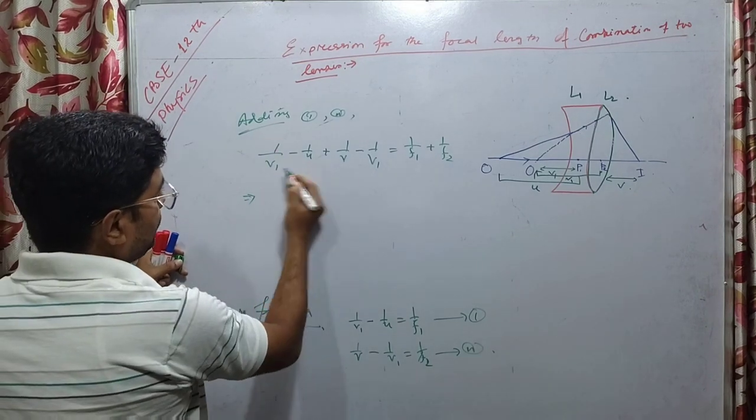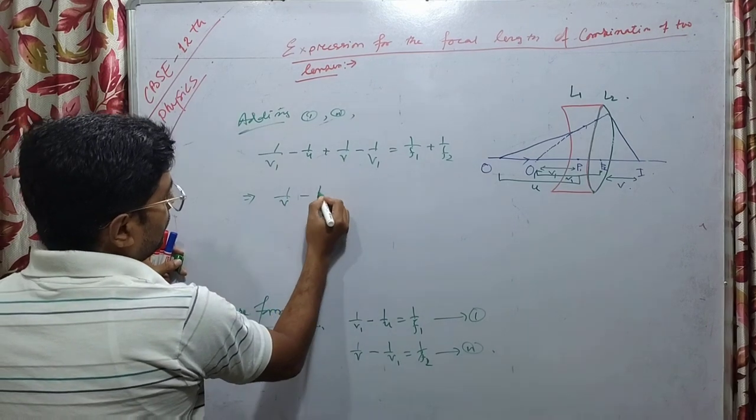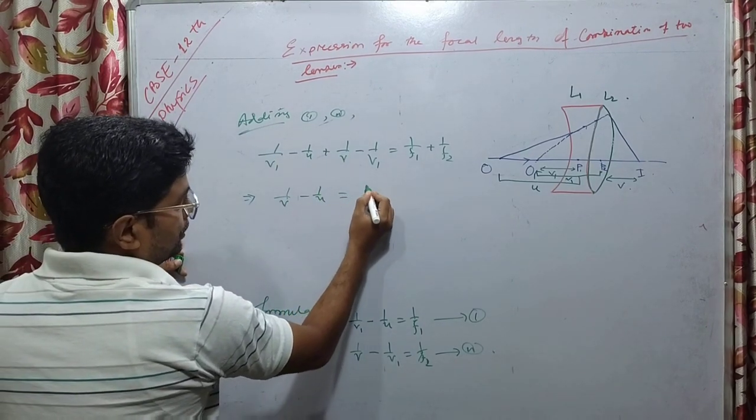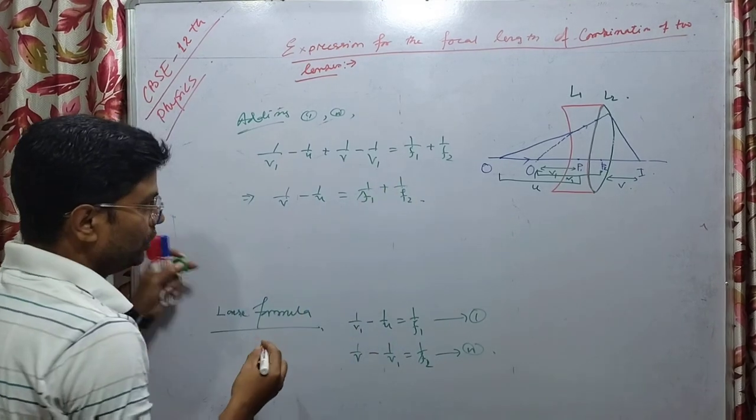Yeah, 1 by V1 minus 1 by V1 will be eliminated. 1 by V minus 1 by U is equal to 1 by F1 plus 1 by F2.